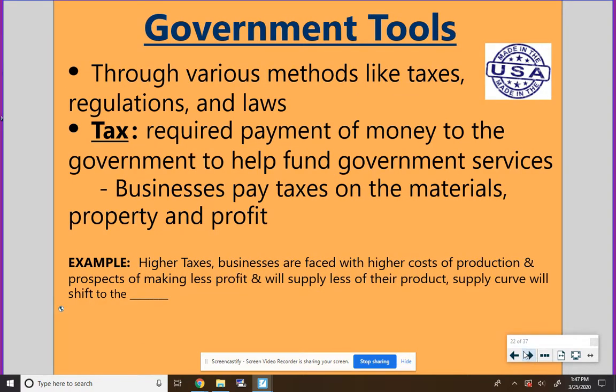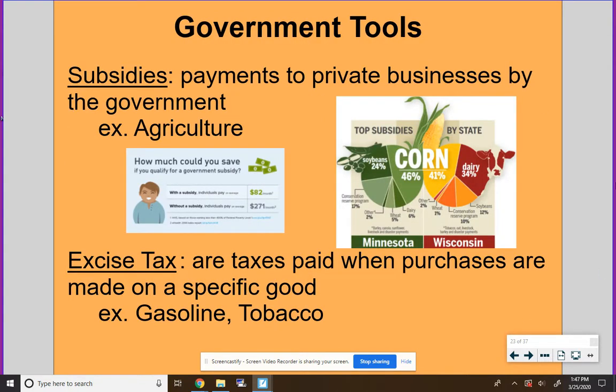The next one, which will have a video clip from the Colbert Report, an older show, is government tools. The government can influence supply by things like taxes, regulations, or laws. Subsidies would be another thing. A subsidy is sometimes when the government pays businesses to produce or not produce something.